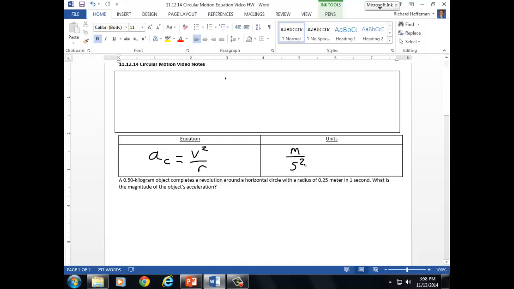Speed is meters per second, and the equation is squared. Radius is meters. On the top, that would give us meters squared per second squared divided by meters. Meters would cancel with meters, so that checks out: meters per second squared on the left side, meters per second squared on the right side. So that equation is good to go.